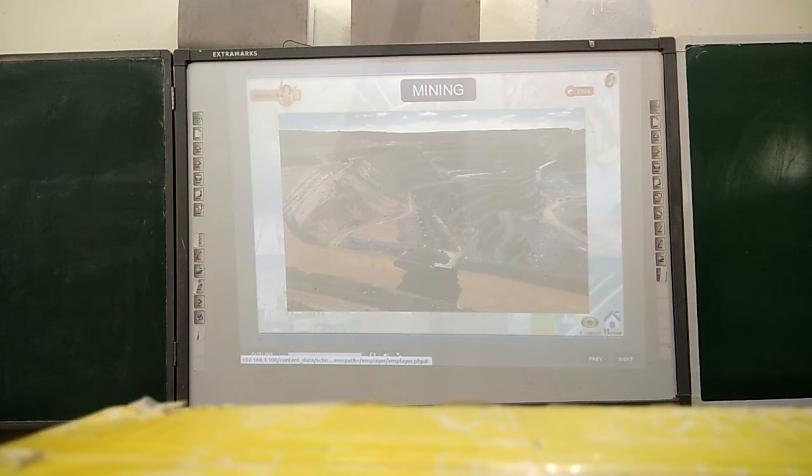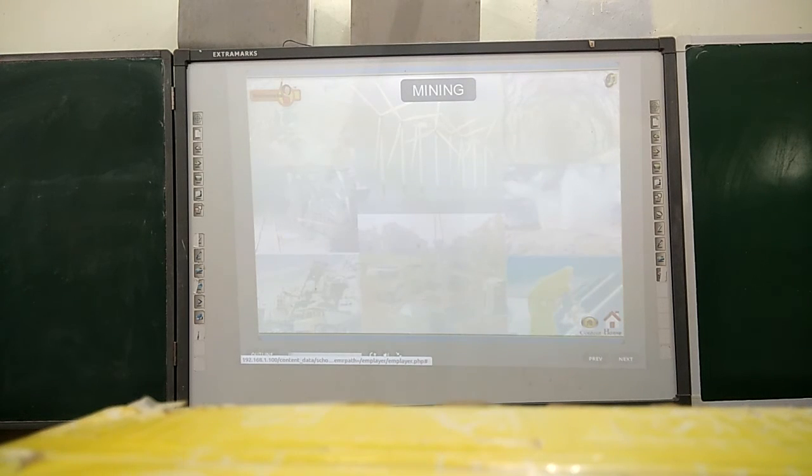Extraction of the minerals from the interior of the crust is known as mining. Clear? You see here the picture of mining, how people extract and collect the minerals from inside the crust in a geological process.